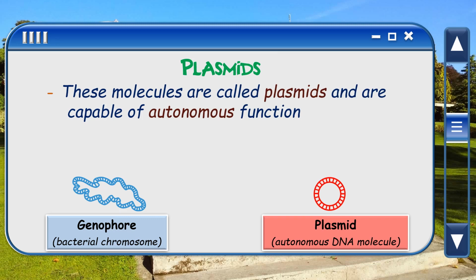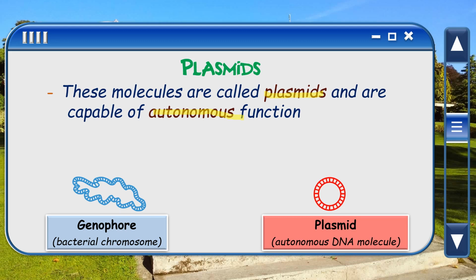These molecules are called plasmids and are capable of autonomous function. These other DNA structures, we call them plasmids, and they are capable of doing separate, independent functions.